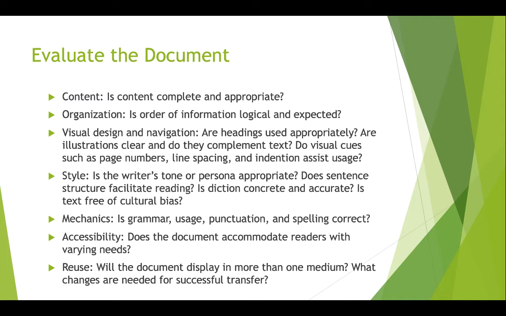Next is style. Consider the writer's tone or persona to determine if it's appropriate. Look at sentence structure. Does it facilitate reading? Is diction clear and concrete? And then mechanics. Look at grammar, usage, punctuation, spelling to ensure consistency and correctness.